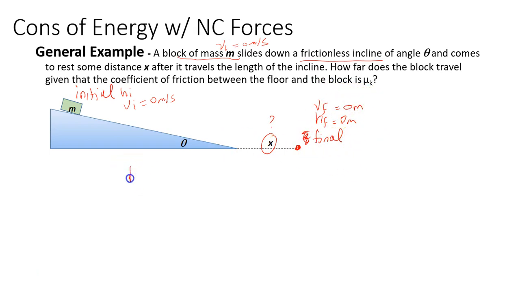I'm going to say all of the initial potential energy goes into the work done by friction, because the energy has to go somewhere, right? So what will this look like? So I have mgh_i is equal to the force of friction times the variable in this case, x, as such.